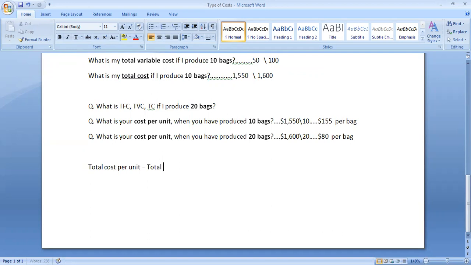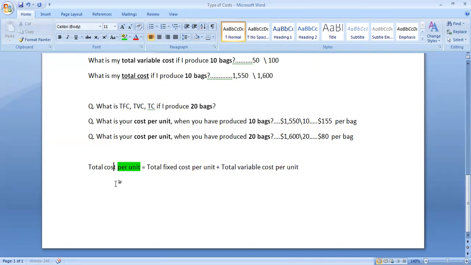If you talk about fixed cost first, total fixed cost. But remember, the important thing here is we're talking about per unit. So you have to be careful. It can't be total fixed cost. It must be total fixed cost per unit plus total variable cost per unit.